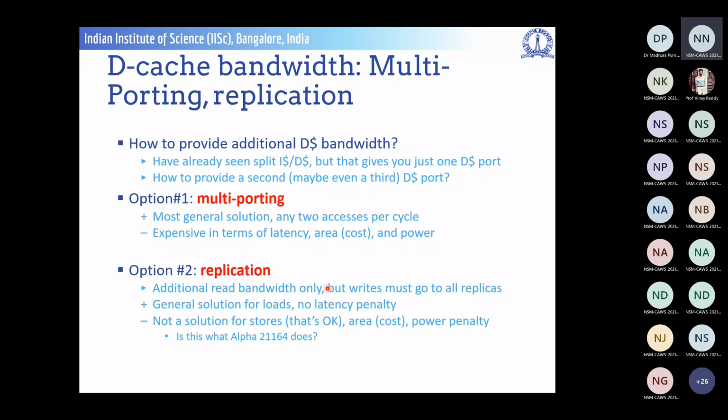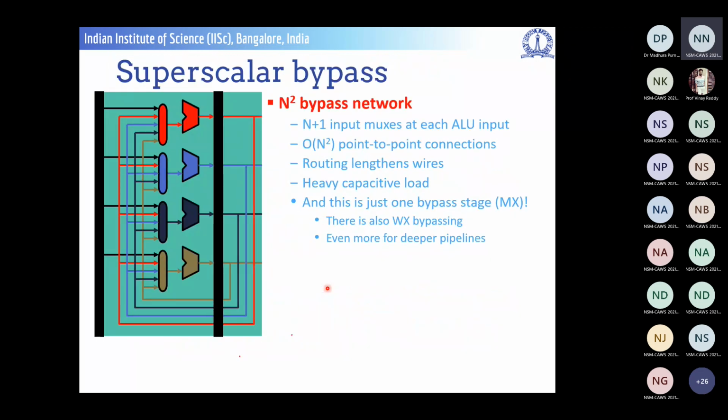Next is the interesting part. We talked about how the bypass gets complicated. So before we get into that, what really happens in a bypass? In general, instructions should read their operands out of the register file.